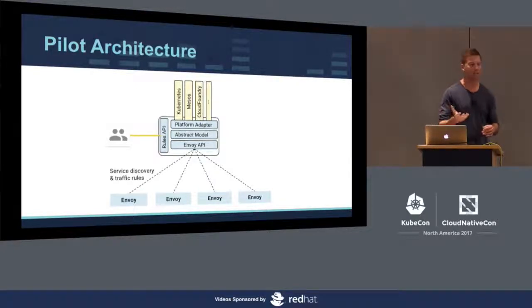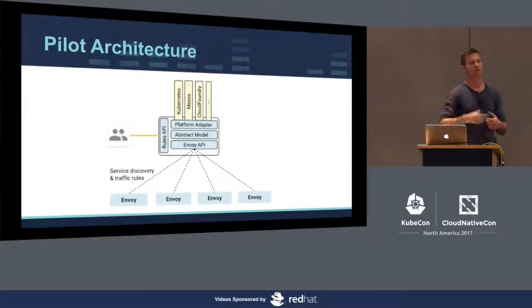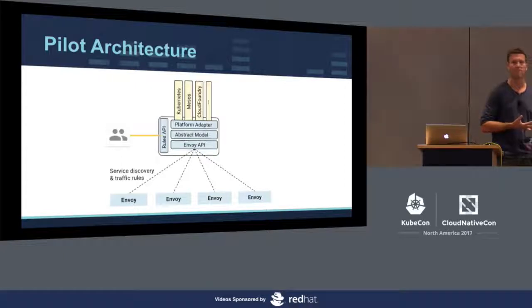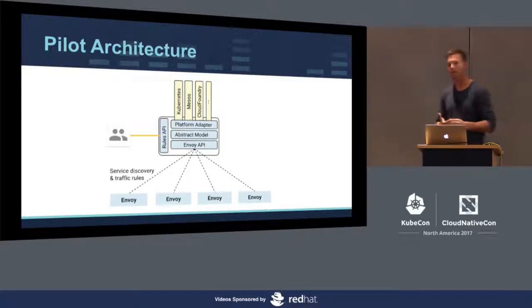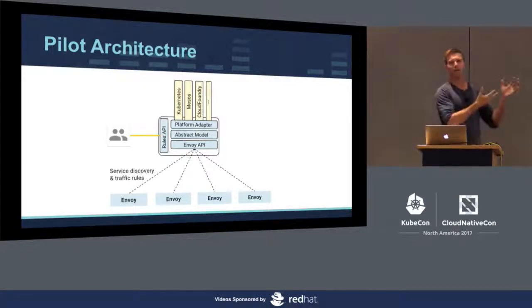So with a Kubernetes adapter, for example, the adapter implements a controller that sits there and watches the Kubernetes API server for certain resource registrations, like deployments, like pods, right? And it will take those resources and then populate this model that Pilot maintains accordingly, right?